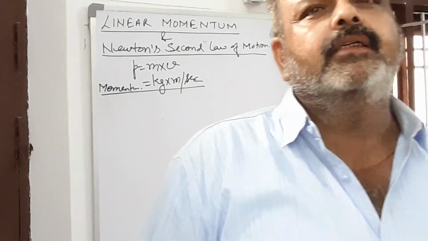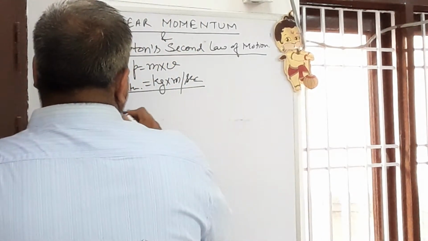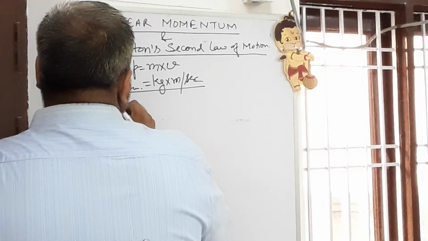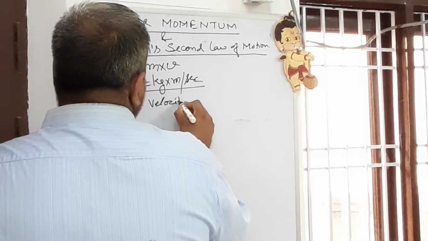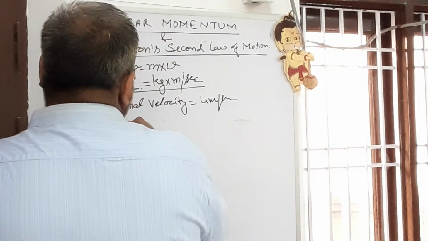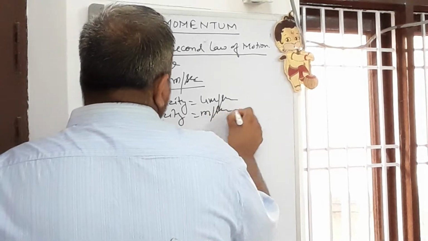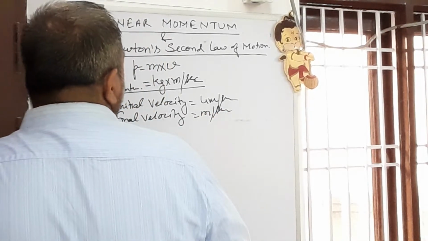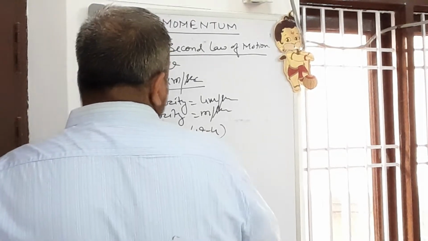In this case, say the body is moving with an initial velocity u meter per second and final velocity v meter per second. Change in momentum P is equal to m into v minus u.